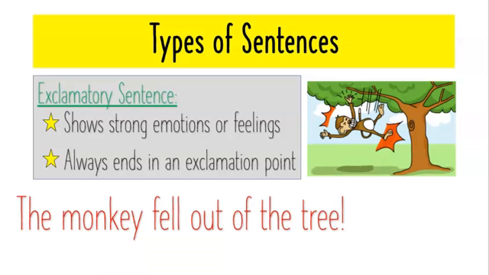When you read an exclamatory sentence, you want to read it with strong emotions. Like, the monkey fell out of the tree! Right? So that's how you want to say it whenever you're reading it. And we know this is an exclamatory sentence because it ends in an exclamation point.